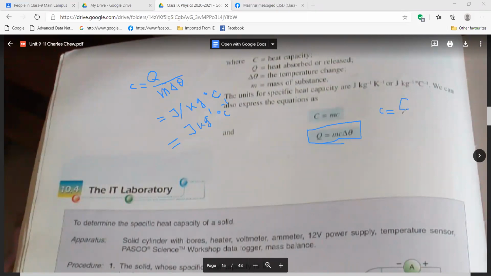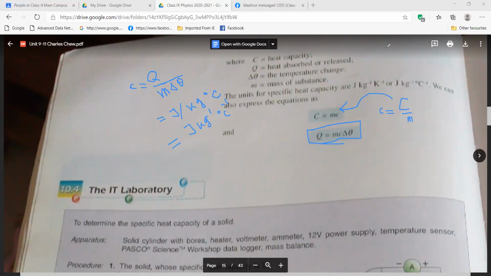If you are given the specific heat capacity and the mass, then you can find the heat capacity. From here it comes, okay? Is it clear? Yes, sir.